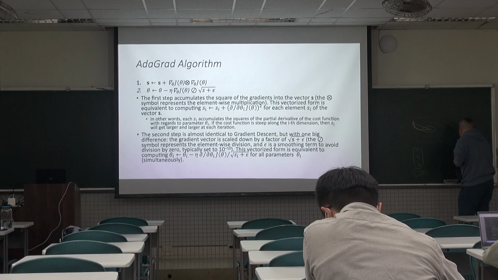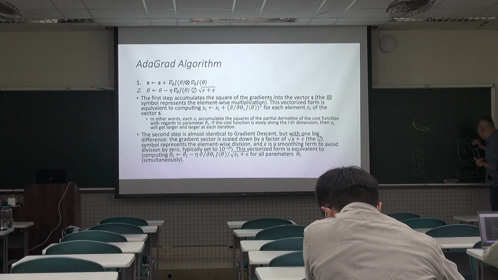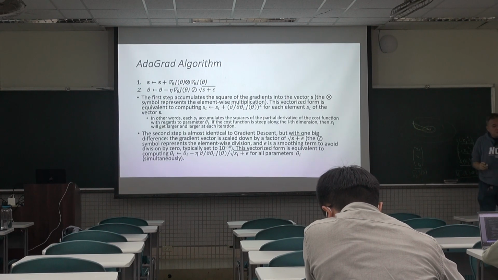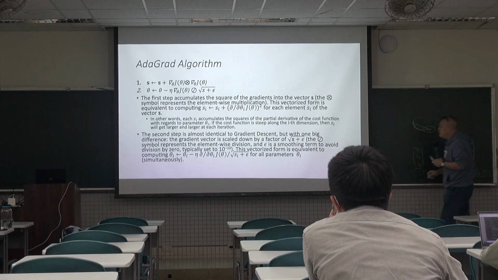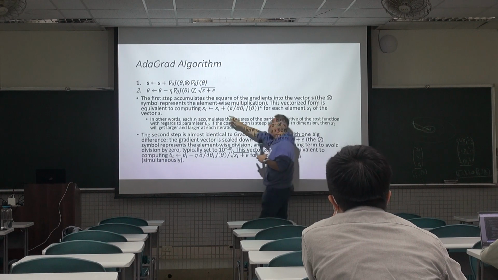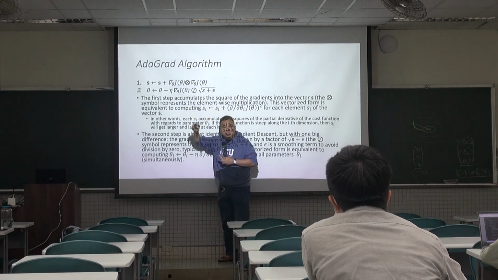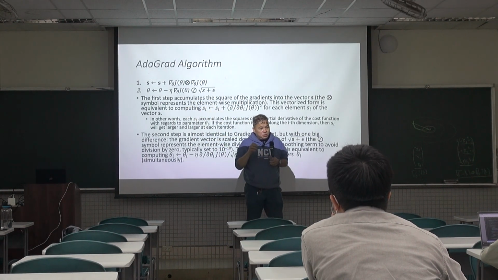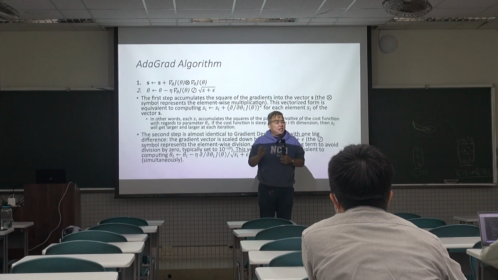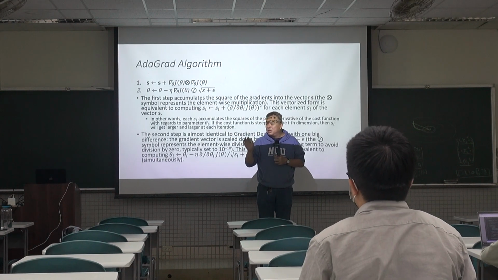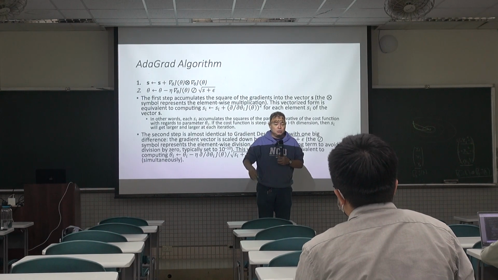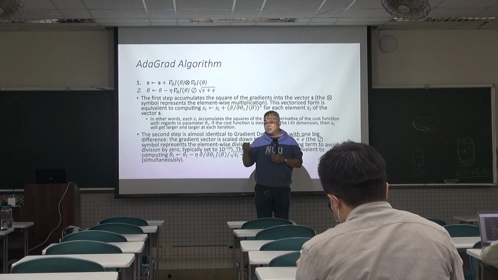Why do we need this epsilon? The square root of that will be used as the denominator, so we want to avoid dividing by 0. We introduce a very small epsilon value just to make sure we don't have a division by 0 issue.